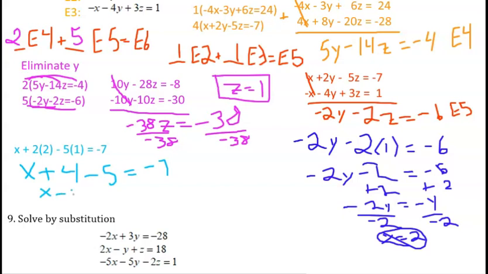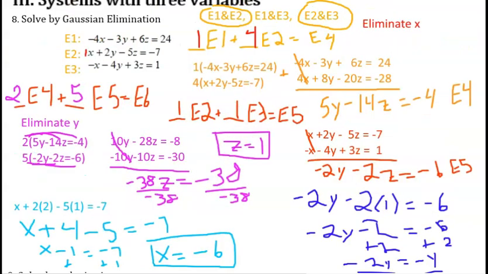X minus 1 equals negative 7. Add 1 to each expression, both sides. X equals negative 6. So your solution here is the ordered triple, negative 6, comma, 2, comma, 1.